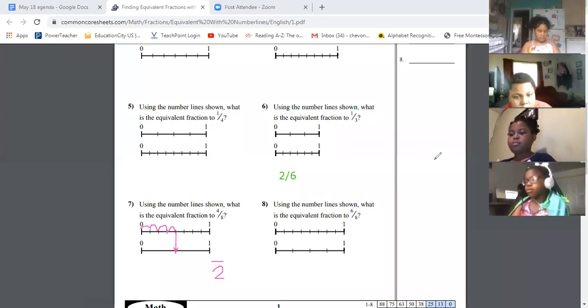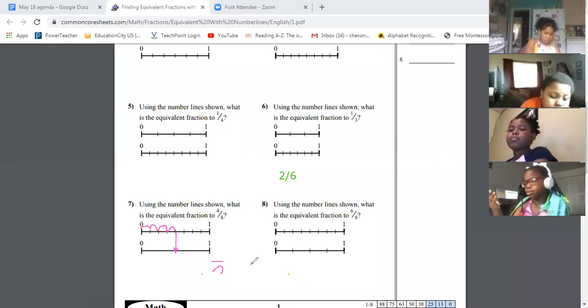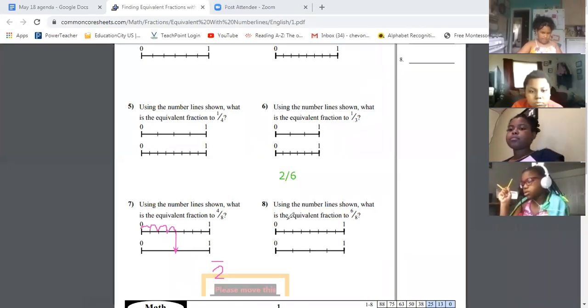So Ben, look down at the bottom. How many hops are you doing to get to that arrow at the bottom one? How many hops out of 2? All right, take a look here, Ben.